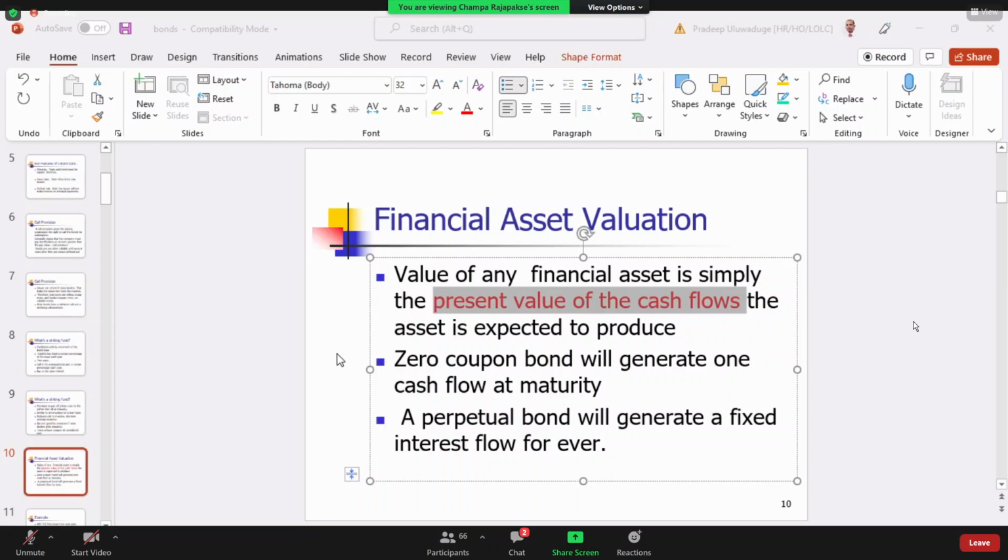So a perpetual bond is a bond which doesn't have a maturity. Since the interest rate is in general fixed, the cash flow will be in the form of a perpetuity. And so the bond will generate a fixed interest flow forever.